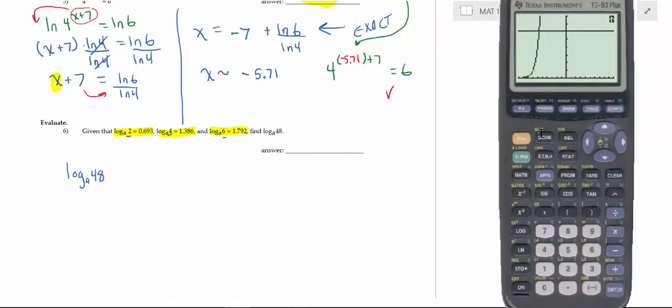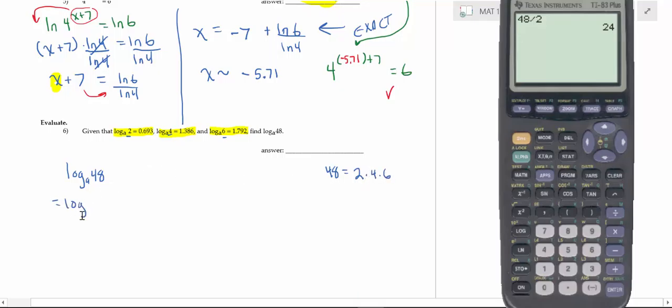You can play with it on your calculator: 48 divided by 2 is 24, and 4 times 6 is 24. So 48 is 2 times 4 times 6, and we can write this as the logarithm base a of 2 times 4 times 6. Since we have a log of a product, we can break this up into the sum of the logs, which were all given to us. This is a good way to test students' knowledge of basic properties of logs.